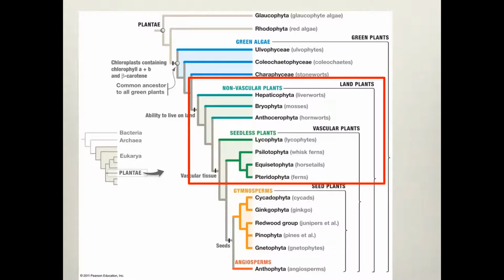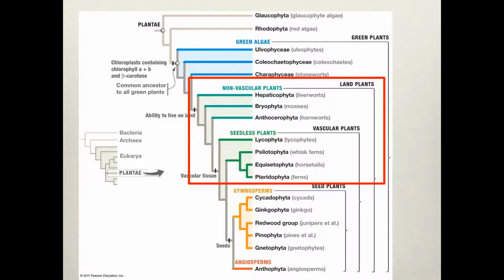Okay, so let's talk about synapomorphies real quick. All right, the synapomorphy here that started the kingdom Plantae is an algae that could live on land. So it developed certain characteristics that allowed it to live on land. Here, the more ancient lineages of plants that branched off from these early plants have certain characteristics that are common in this ancestor. And one of them is they lack vascular tissue.